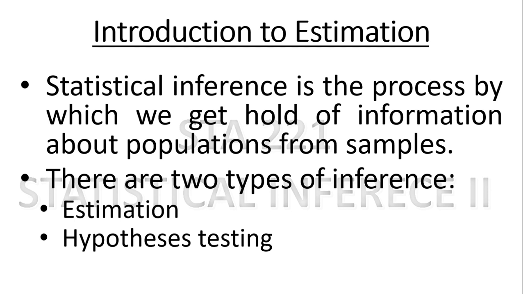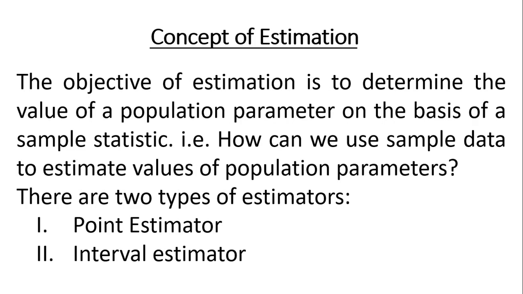So now, what are the two types of inference that you can generate? We have two major types of inference, and this includes estimation and hypothesis testing. But in this class, we'll be looking at estimation as one way of generating statistical inference. So what do you mean by estimation?